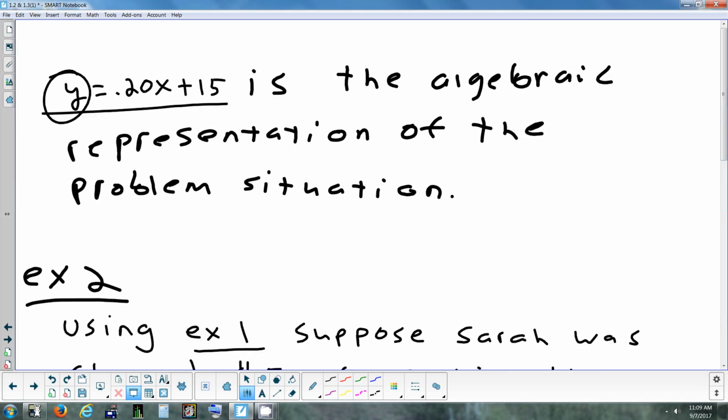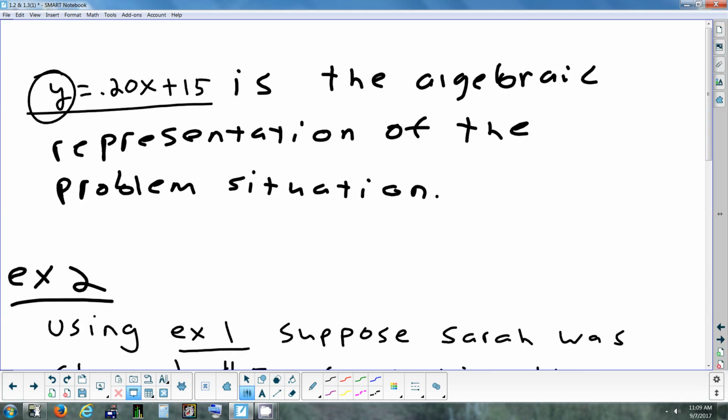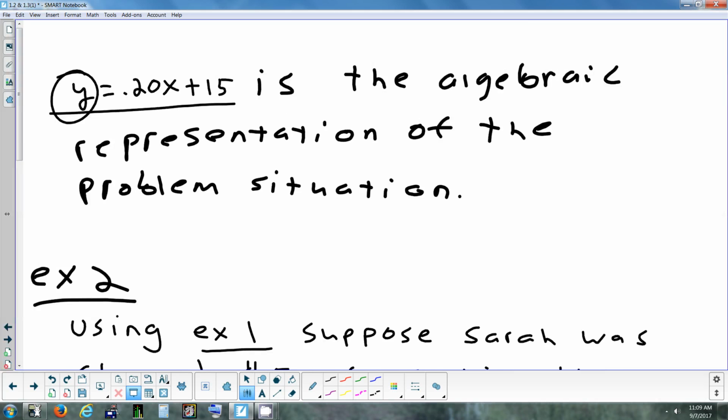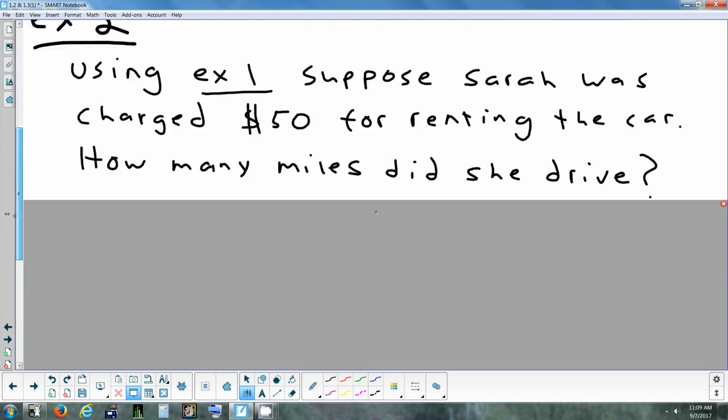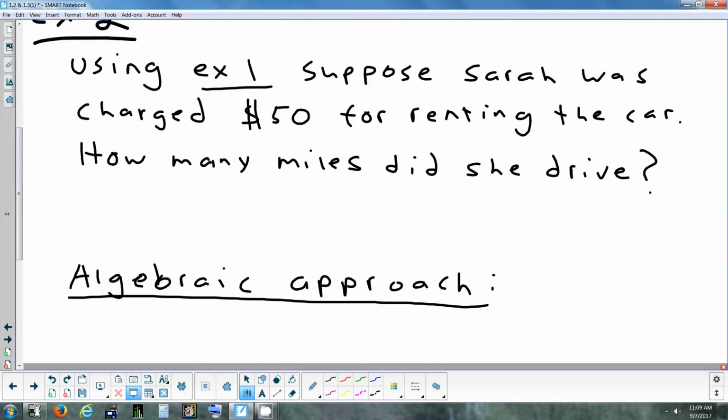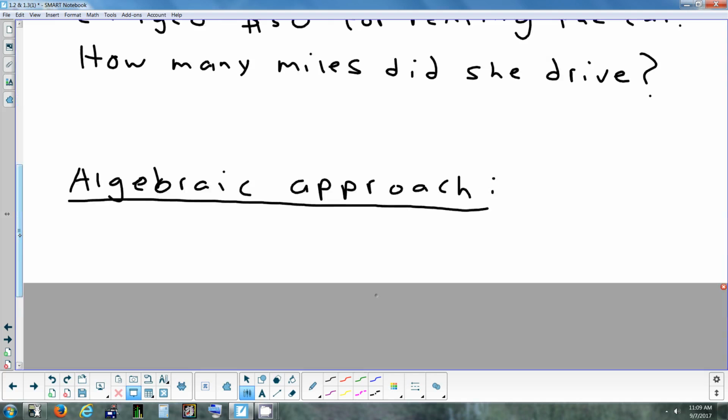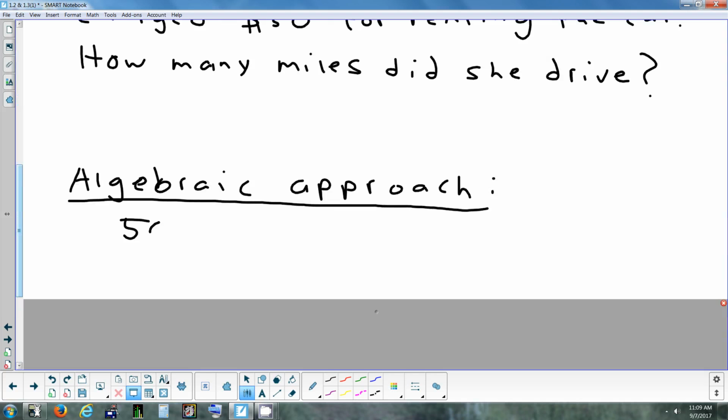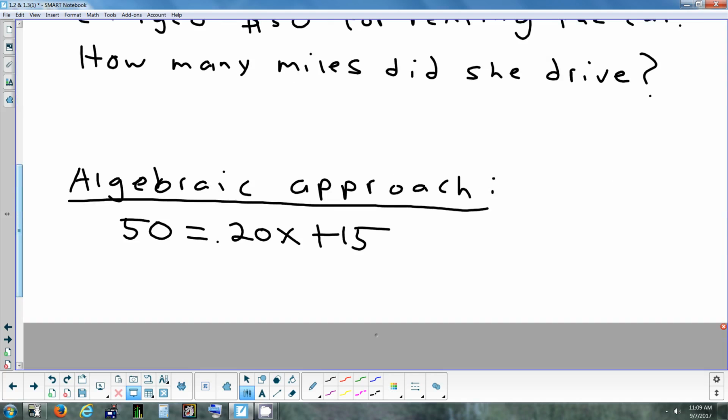All right, so we're going to do 50 equals 0.20x plus 15. Okay, and I'm going to solve it the first time using algebra. 50 equals 0.20x plus 15. Okay, Wyatt, what's my first step to solve that for x? Subtract 15 from both sides.